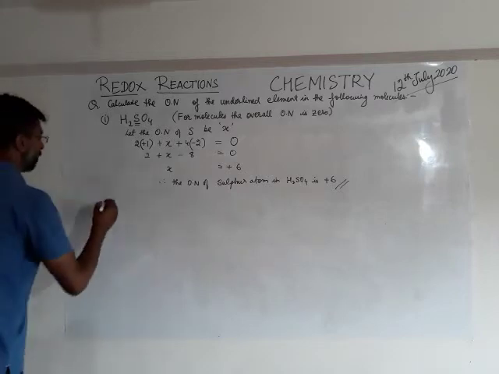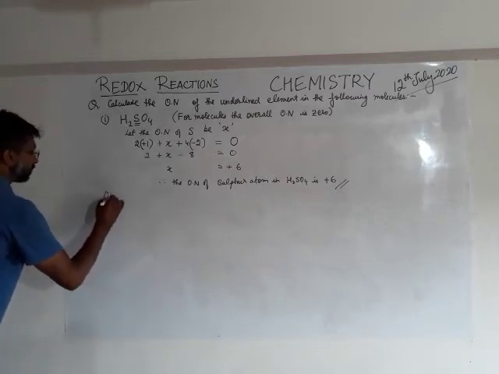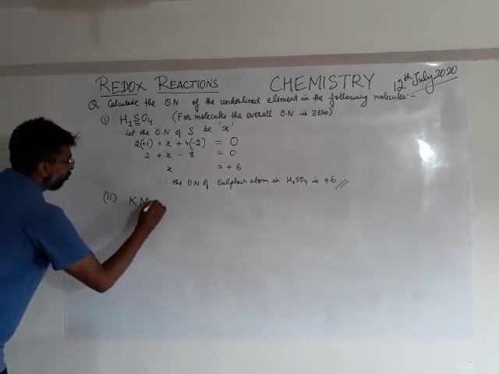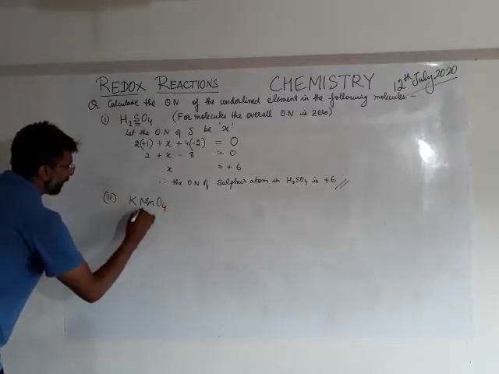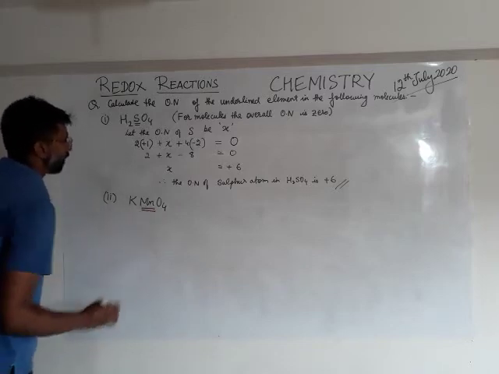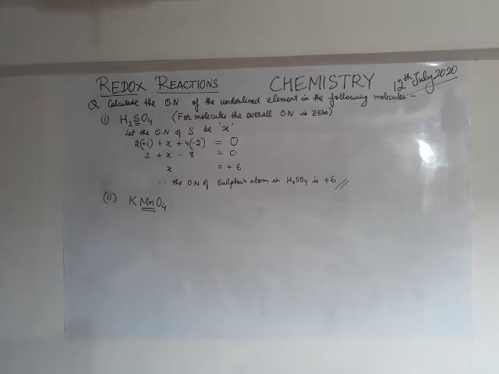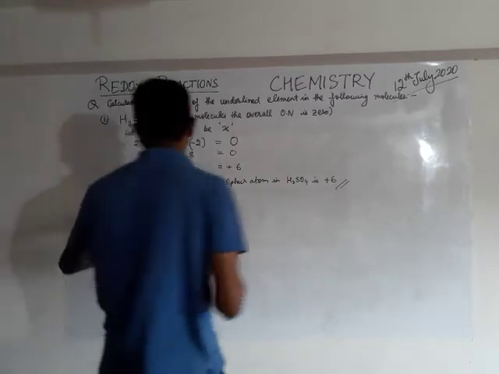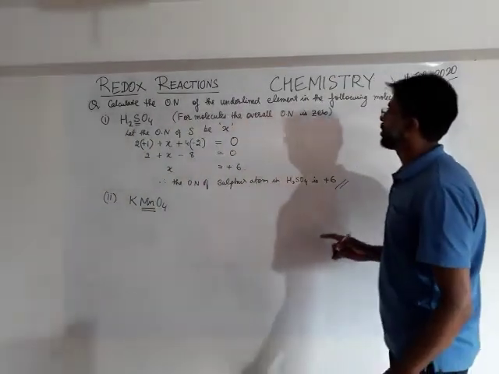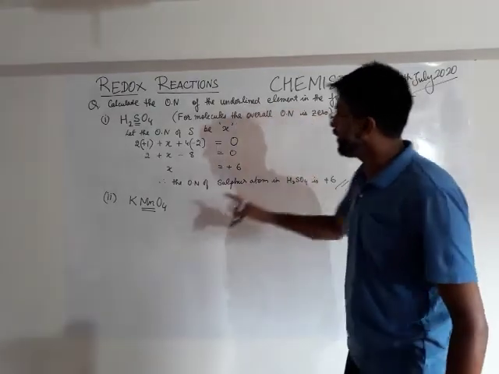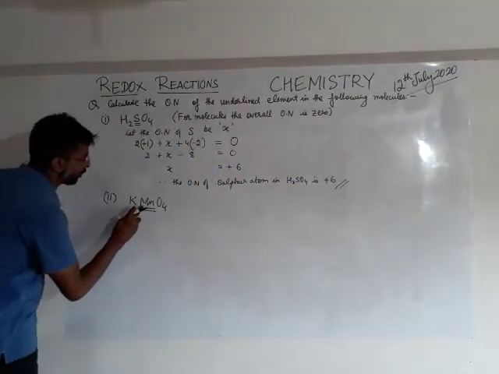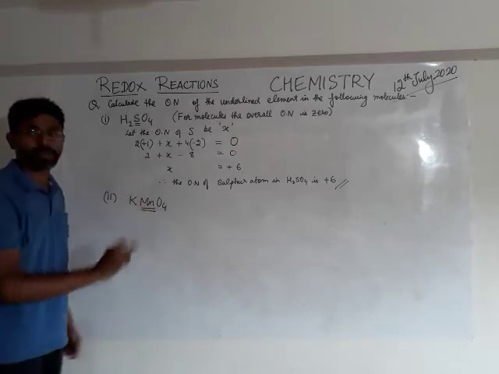The next example is by taking KMnO4, potassium permanganate, and in this potassium permanganate the underlined element is manganese. So my question over here becomes, calculate the oxidation number of the underlined element. Here it is manganese. So here we are supposed to calculate the oxidation number of manganese in potassium permanganate.